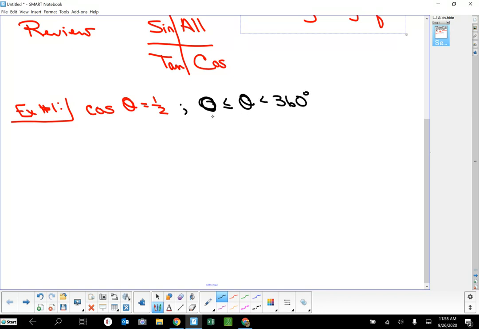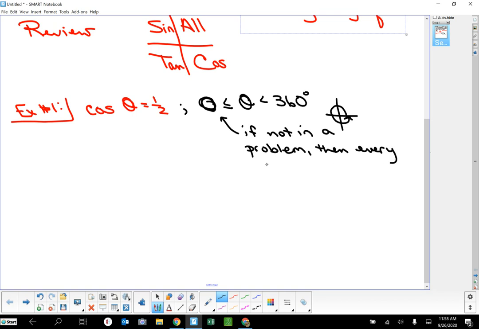So now you know that you're only talking about one rotation, okay? If this is not in there, then you're talking about every rotation.